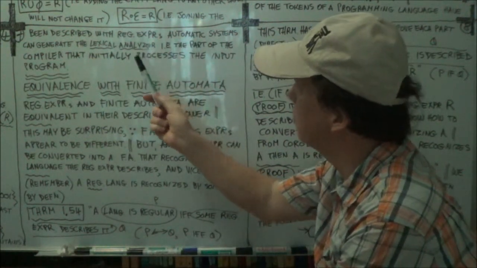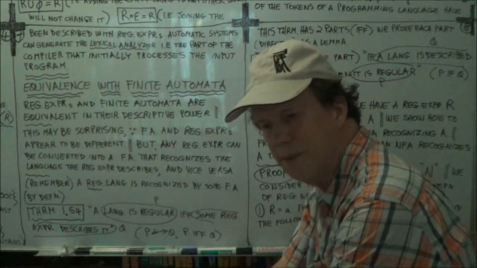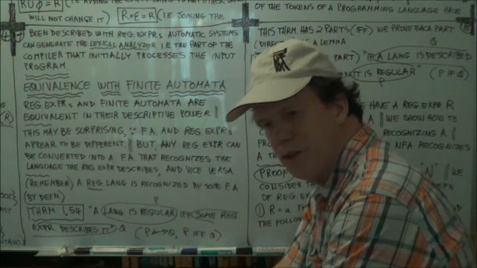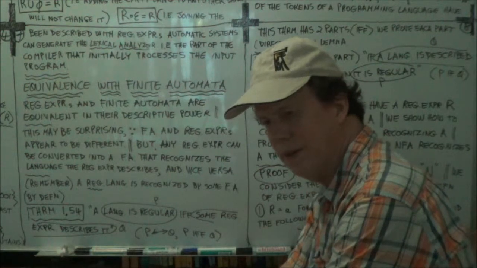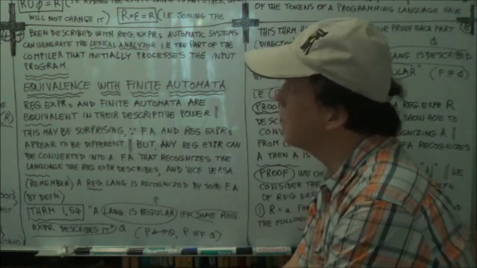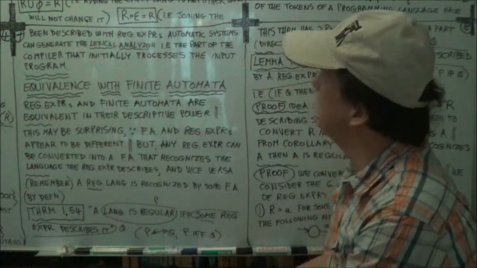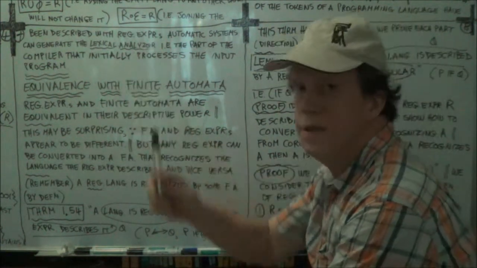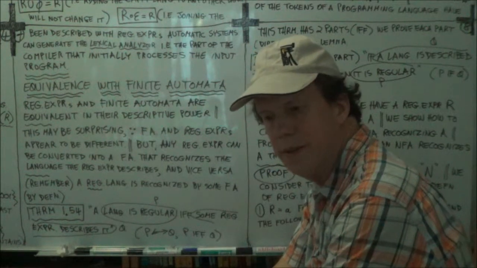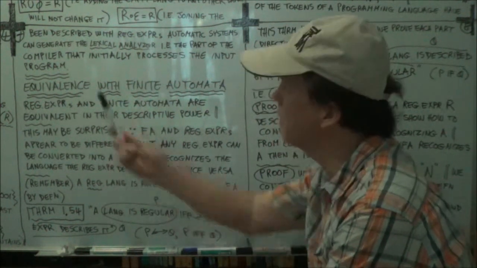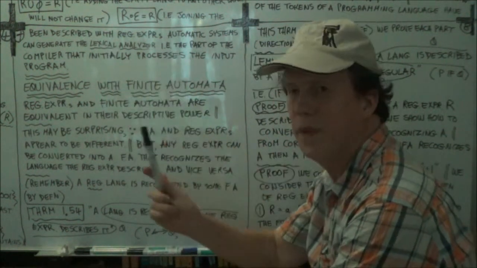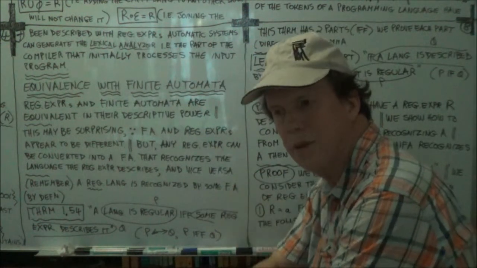So we're talking about the application of regular expressions to compilers. Let's try and get back into the swing of things. Now, inside a compiler is something called a lexical analyzer. Lexic, just sort of like letters. So it's a piece of software, part of the compiler.